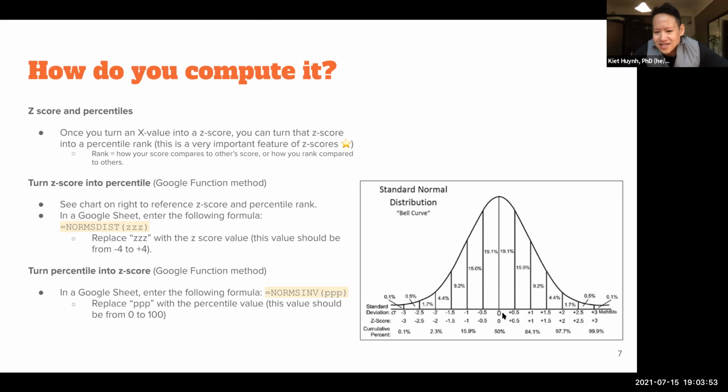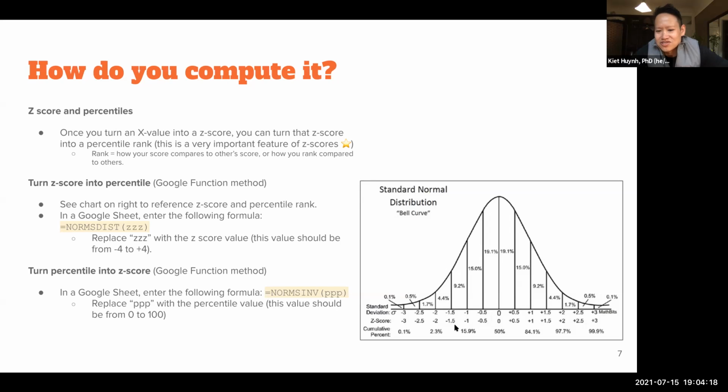Here's the Z-score, and these are the percentile ranks. A Z-score of 0, remember, is the 50th percentile. A Z-score of 1 is the 84.1 percentile. A Z-score of 2 is the 97.7 percentile. A Z-score of 3 is the 99.9 percentile.